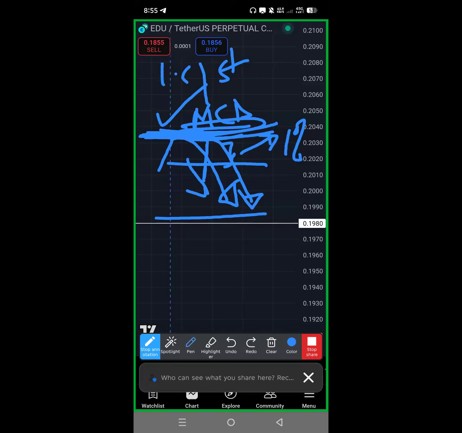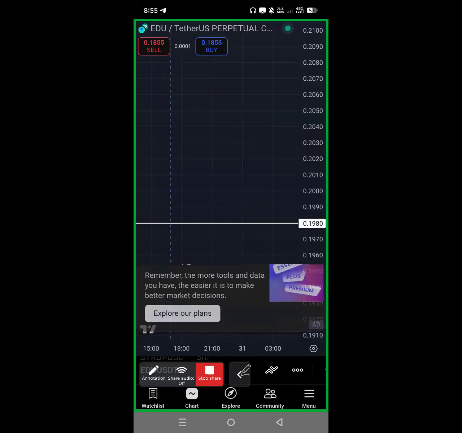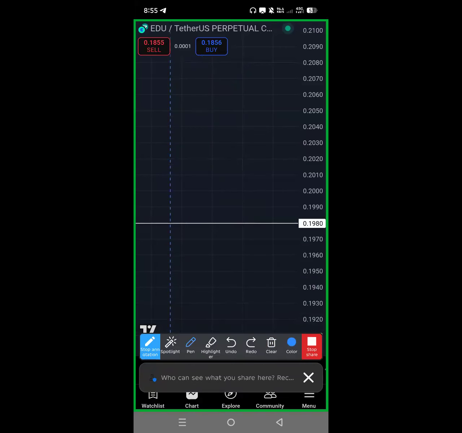Maybe 1.5% away, or 2% away from the resistance zone where you're planning to make entry. Set it somewhere far, such that even if the smart money causes a little deception of a breakout to take out the stop loss traders, you may not be taken out.